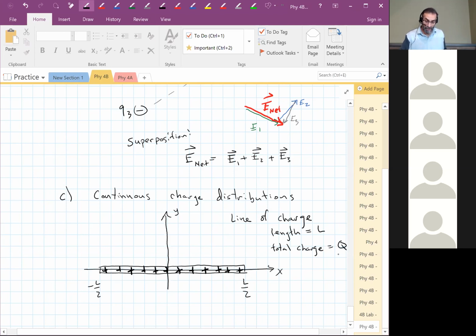Length L, total charge Q. So we want to know what's the electric field at some point on the y-axis there.